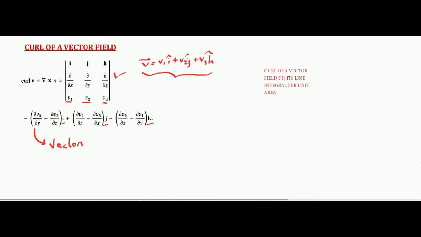So curl of a vector field A is the line integral per unit area. Now how do we understand that? Remember line integral. If you take a force F and dot product it with a particular distance, say dx in the x direction, then this part is called line integral in the x direction, and this will give you the work done. Similarly, this is for 1D.